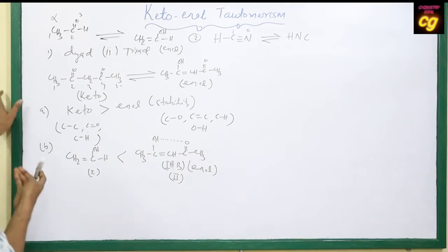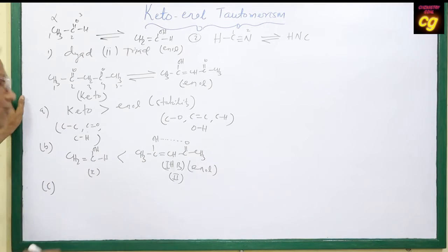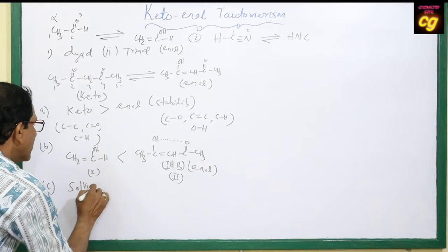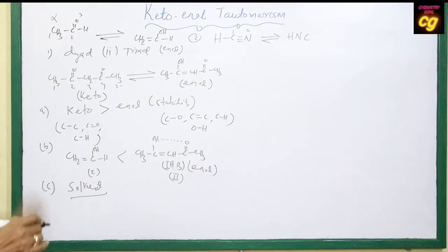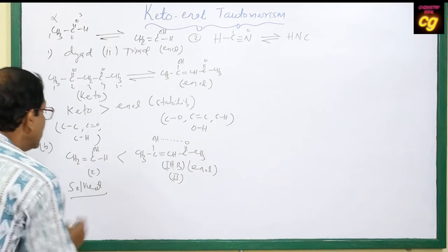In other cases, stability also depends upon the nature of the solvent. In which solvent is the enol more stable? The enol will be more stable in a nonpolar solvent, for example hexane.